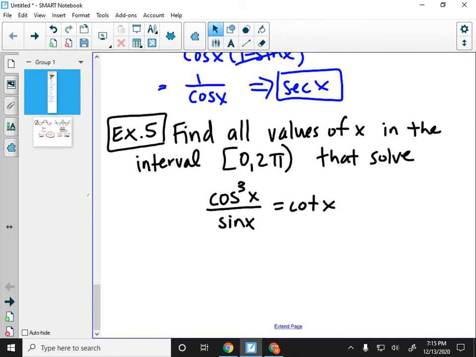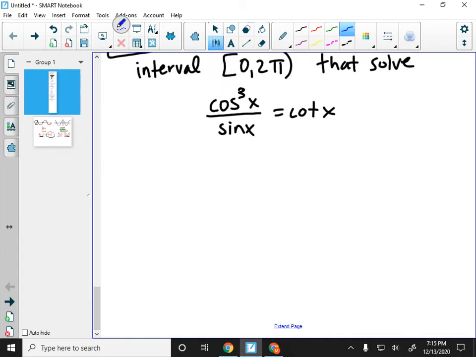Okay, so for this one, a lot of times people start this and they say, I thought you said we're factoring. We are, just trust me here. So here's what I'm going to do first. I'm going to say, well, cotangent of x, I can change that if I'm not sure where to start. I can start by saying this side equals cotangent, which would be cosine of x over sine of x.